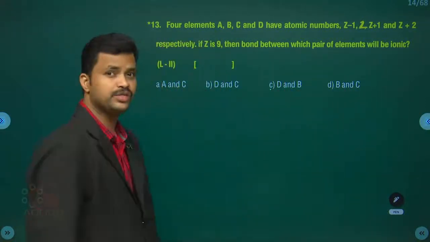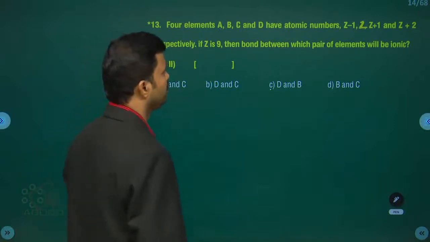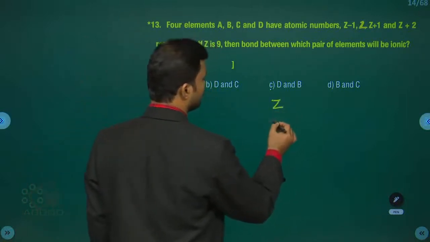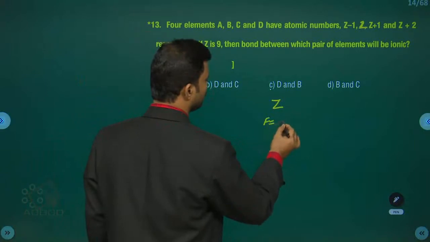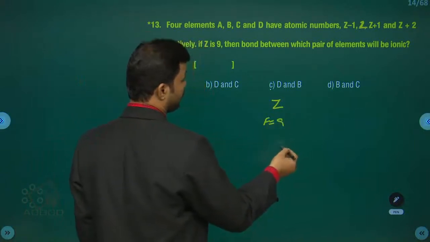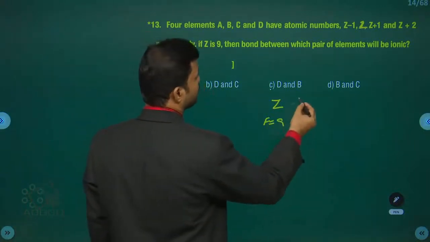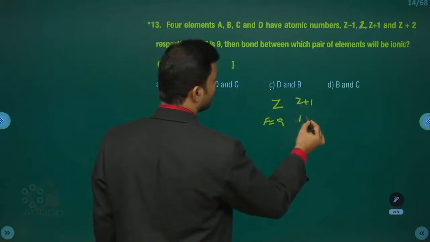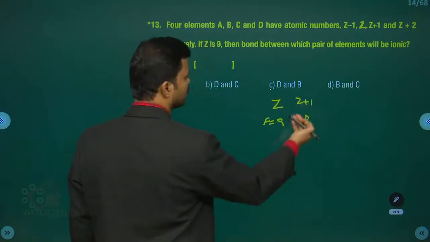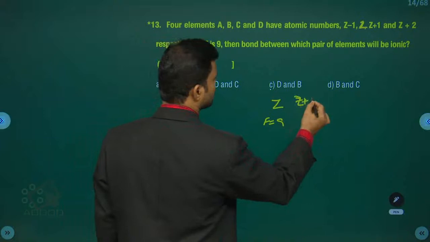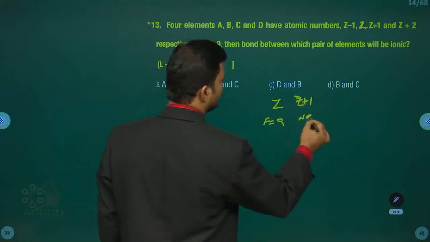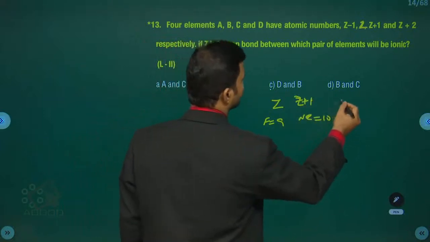Z value 9, which element is it? Fluorine. Then Z plus 1 will be a 0 group element, neon, atomic number 10.